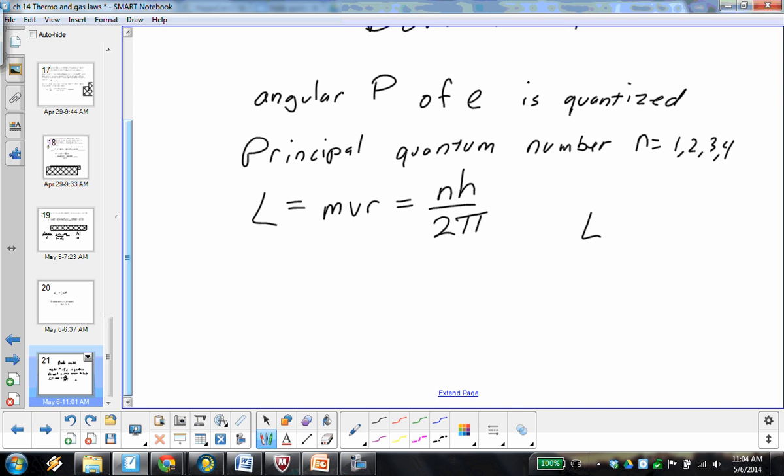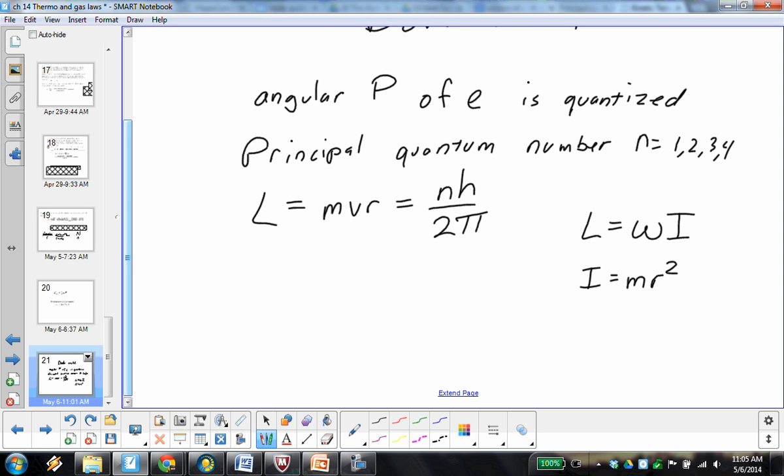I've got the angular momentum is equal to omega I, that is the angular velocity times its moment of inertia, or rotational inertia, whichever terminology you prefer. That is a given. And then the inertia at standard is mr squared.